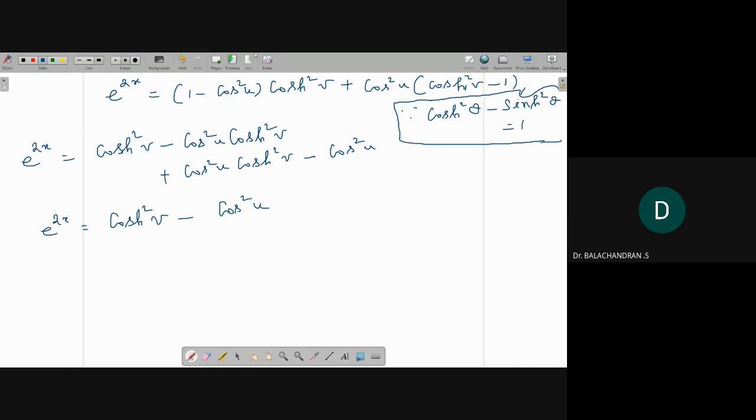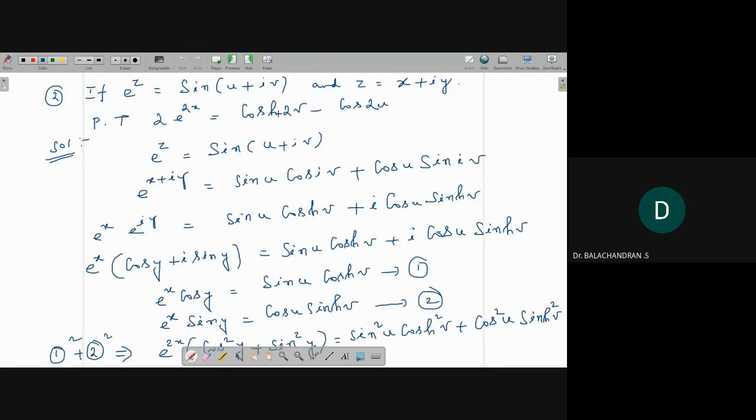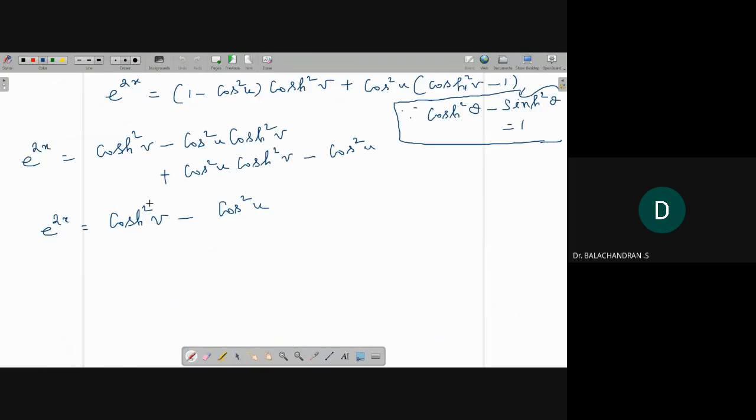Now what do we need? I need it in terms of multiples, not in terms of powers. Here I have 2v, 2u, but here I have powers, so I need to convert from power to multiple. You know cos square theta is what? 1 plus cos 2 theta divided by 2.